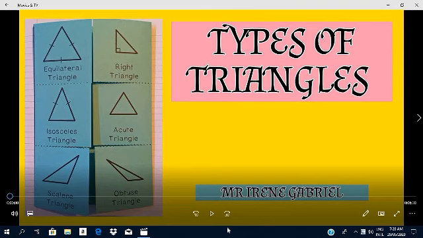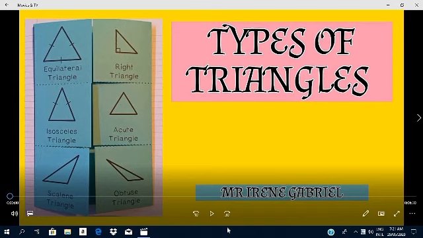Today we shall be learning the types of triangles. You can see them being displayed. We have equilateral triangle, right angle triangle, isosceles triangle, acute triangle, scalene triangle, and obtuse triangle.